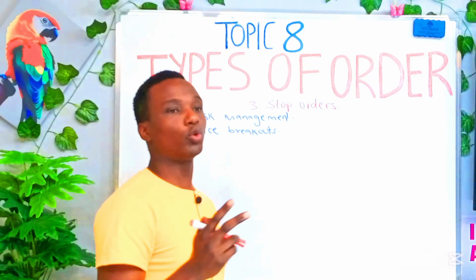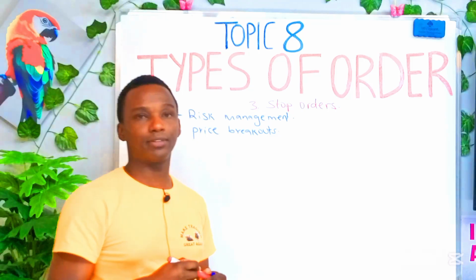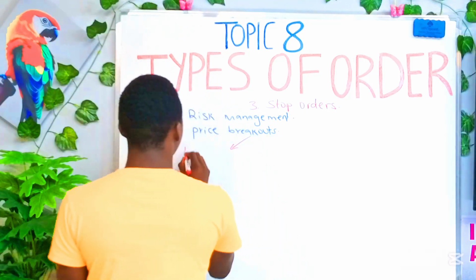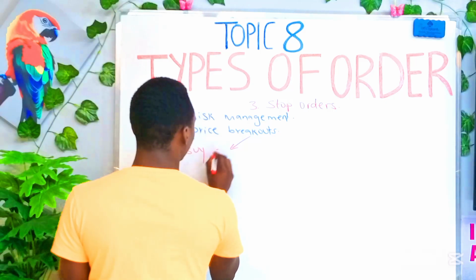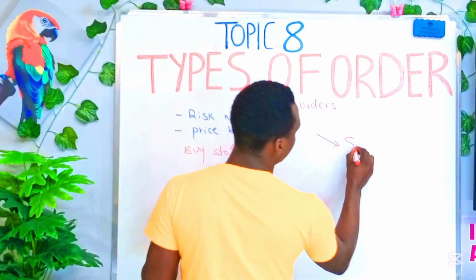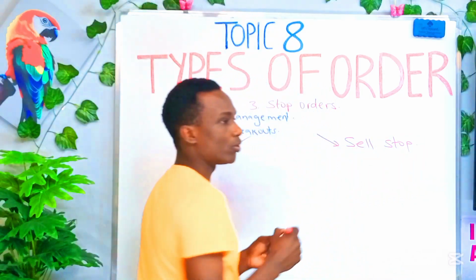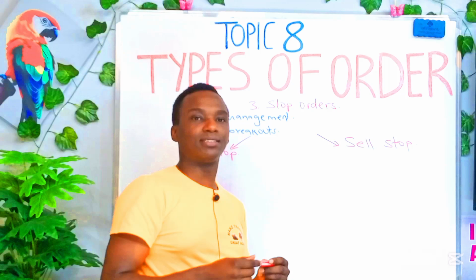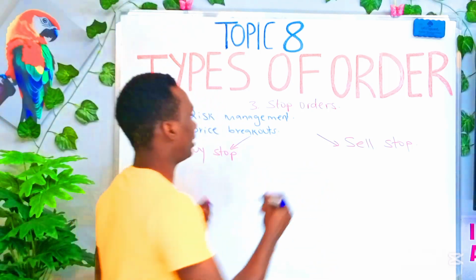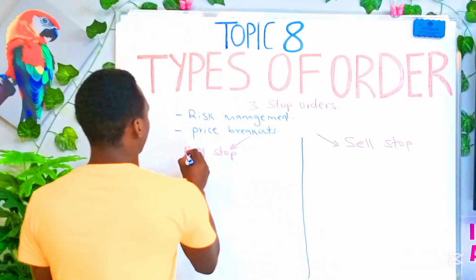We have two types of stop orders. The first one is buy stop. The second one is sell stop. We are going to look at these two separately and define what they are and even illustrate them. We will do as we did on the other.